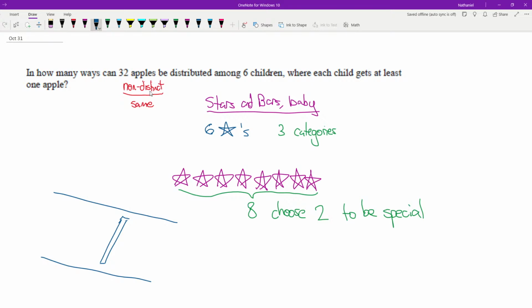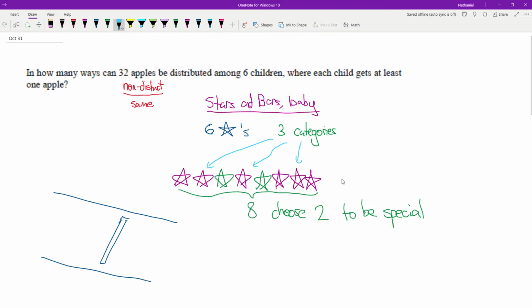So that's going to be a bar, and we're going to separate these stars by selecting two of them. So let me select this one as a bar, and this one as a bar. And now I have 3 different categories or groups with 2 selections.